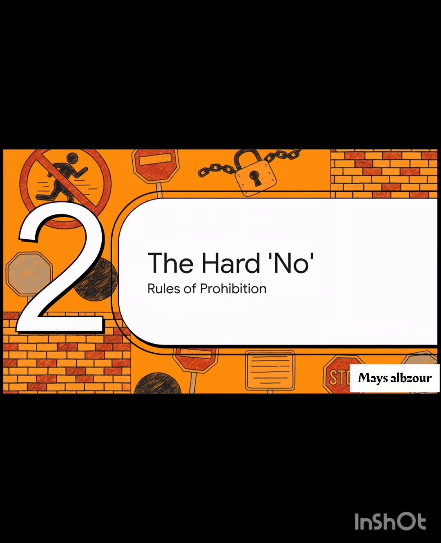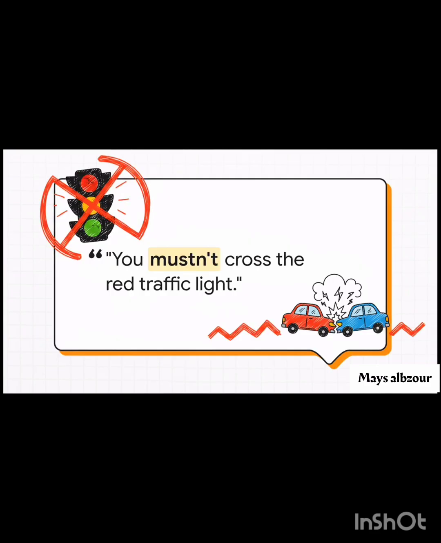Now let's flip that over and talk about the hard no, which is rules of prohibition, which is 100% not to do. We are talking about things that are totally forbidden. You mustn't cross the red traffic light.